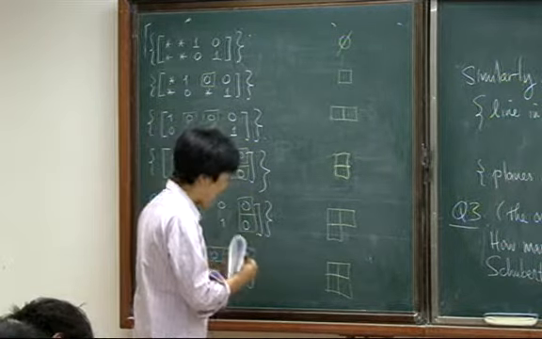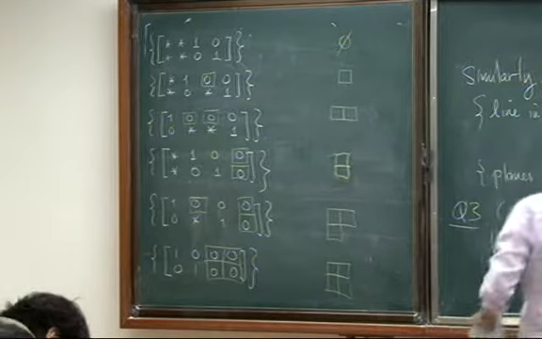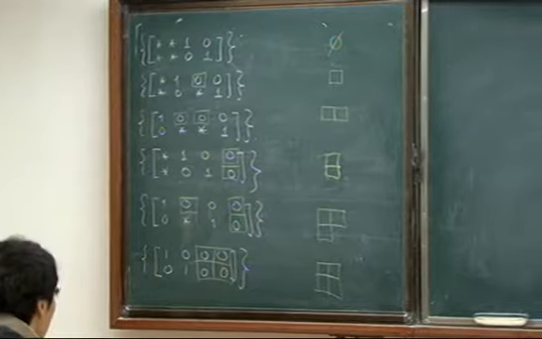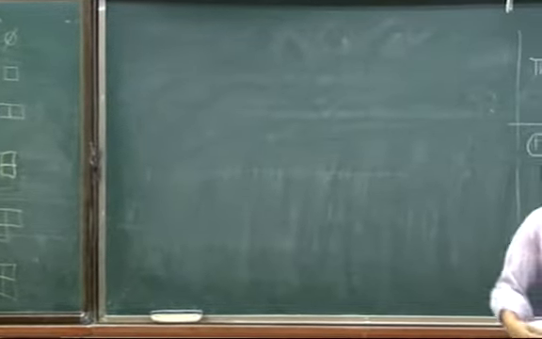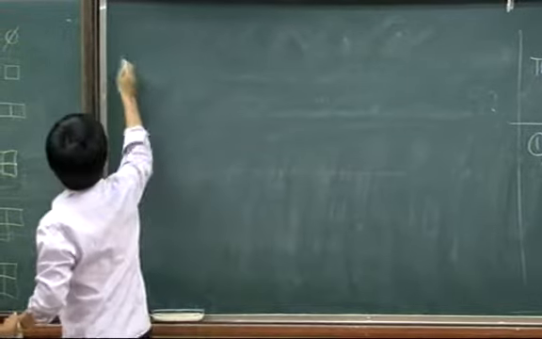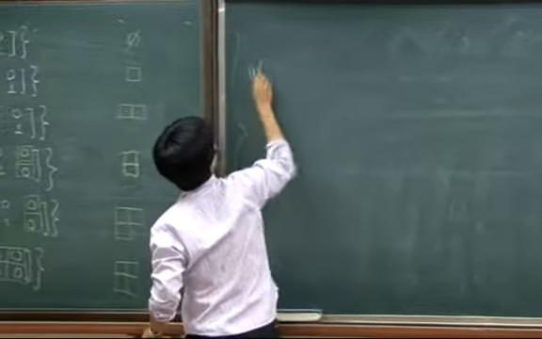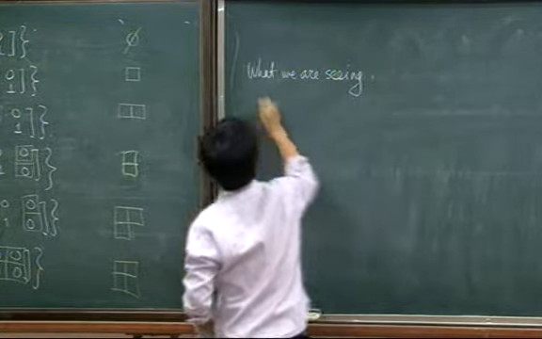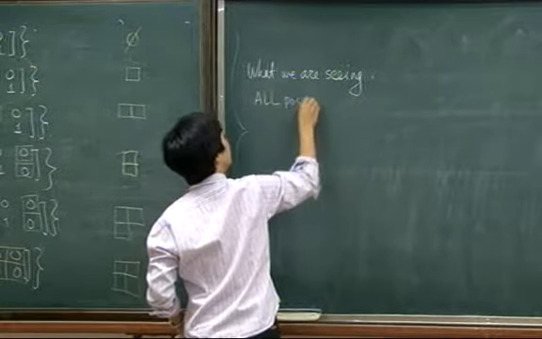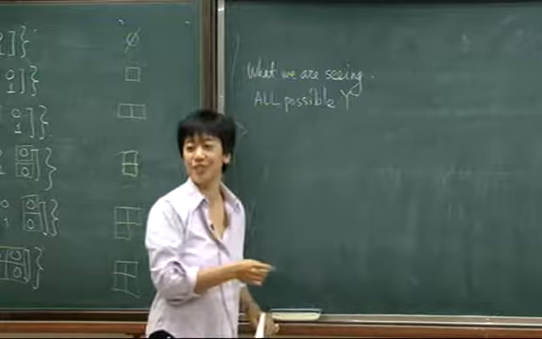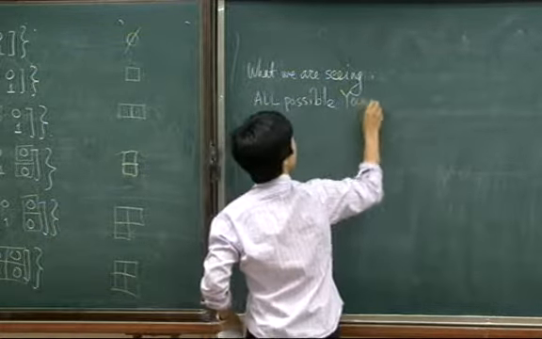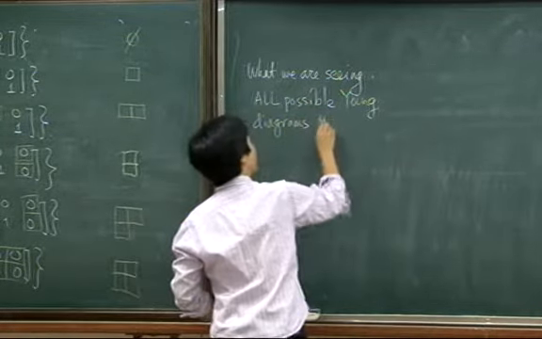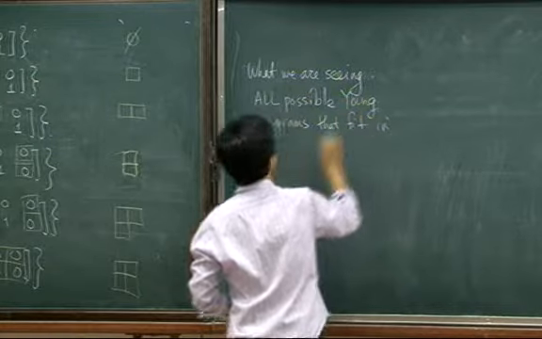Now what I can say is that by doing this standardization, what we are seeing is all possible Young diagrams that fit in a box.